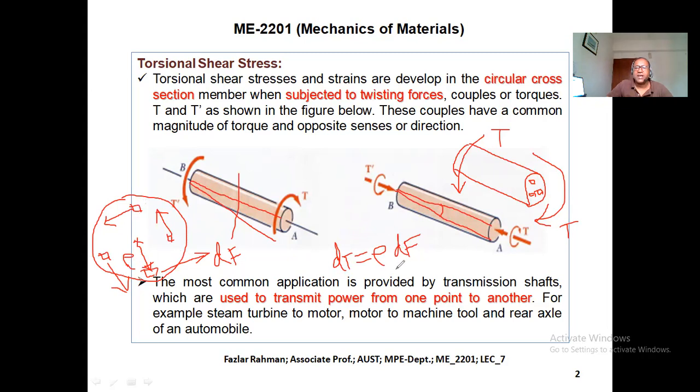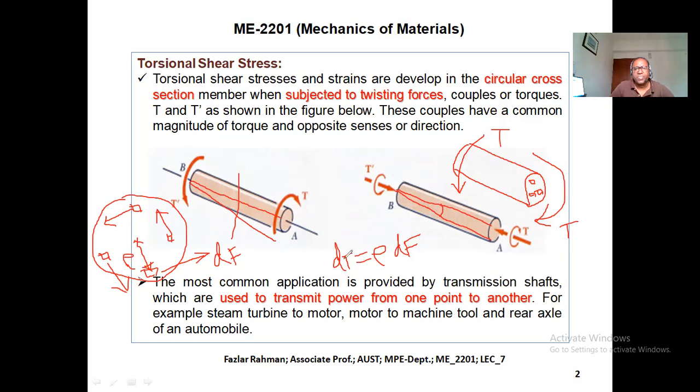If this is the applied torque dT, this dT will generate this much force inside. But if the material has higher resistance, then what will happen? It will not break down. But if you increase the torque again, higher than the internal resistance, then it will break down.